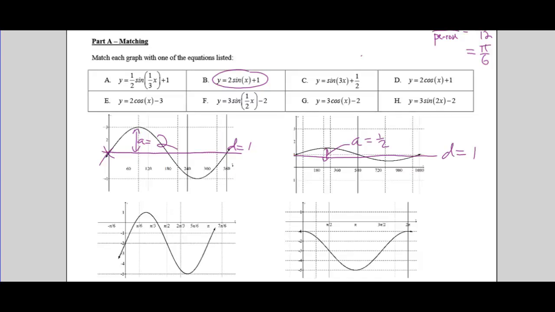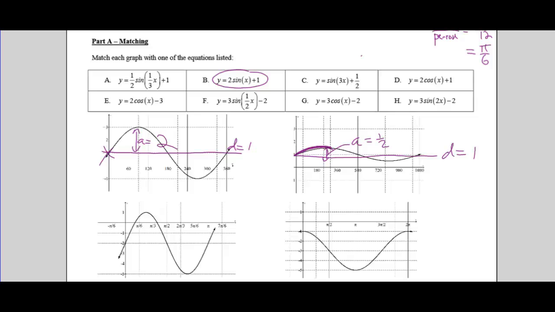It's got a really weird period, right? So in 360 degrees, which should be 1 cycle, how much of the period am I seeing? Quarter of it, right? Because all we did was go from the middle up to the max.